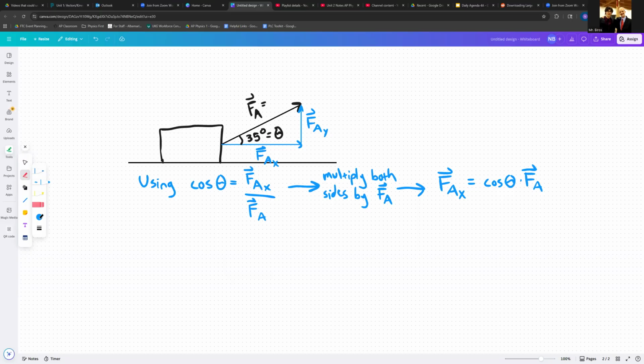It could be tension acting at an angle. We'll even get to gravity, where gravity acts at an angle. So this could be any type of force. So the more generalized expression for this would be the x component of some force is equal to cosine of theta times the total force itself.